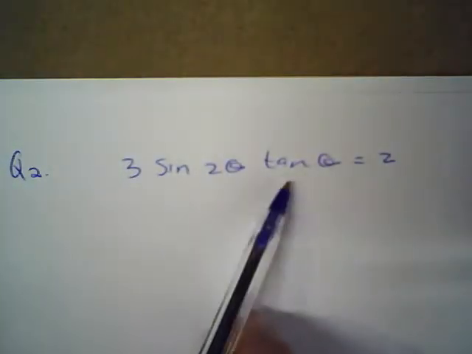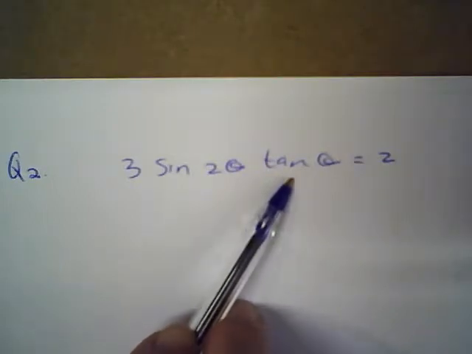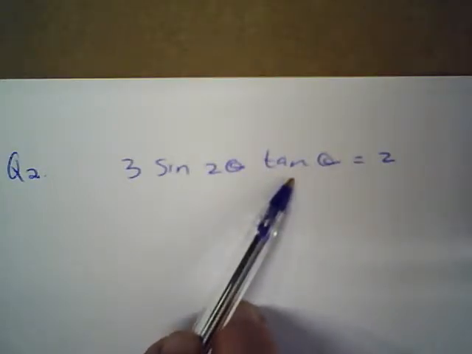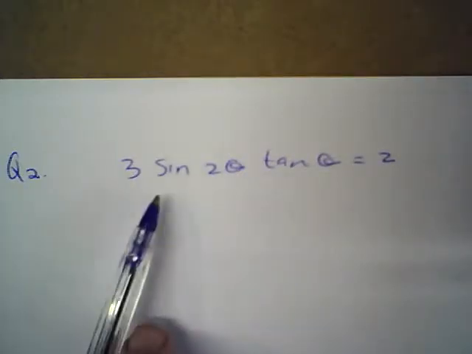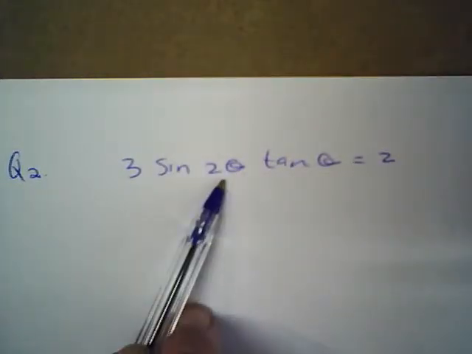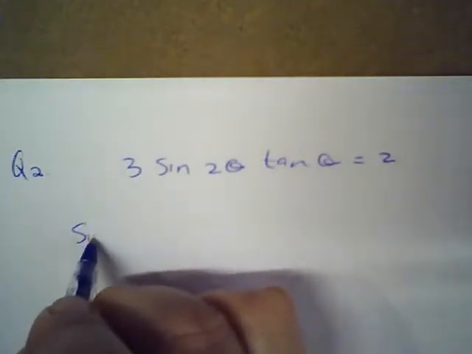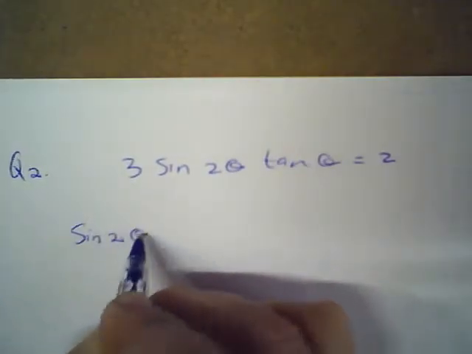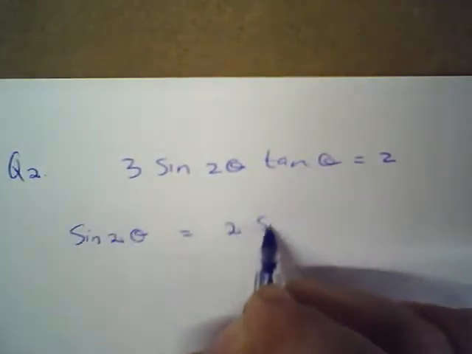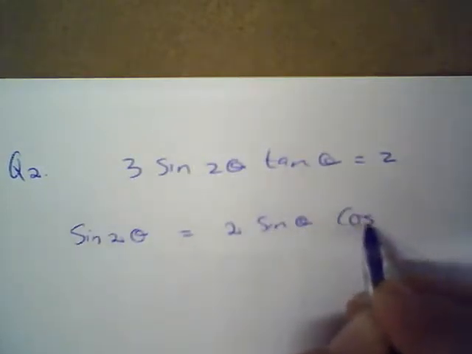Okay, my first step is to look at this tan. Sine 2 theta would be 2 sine theta cosine theta.